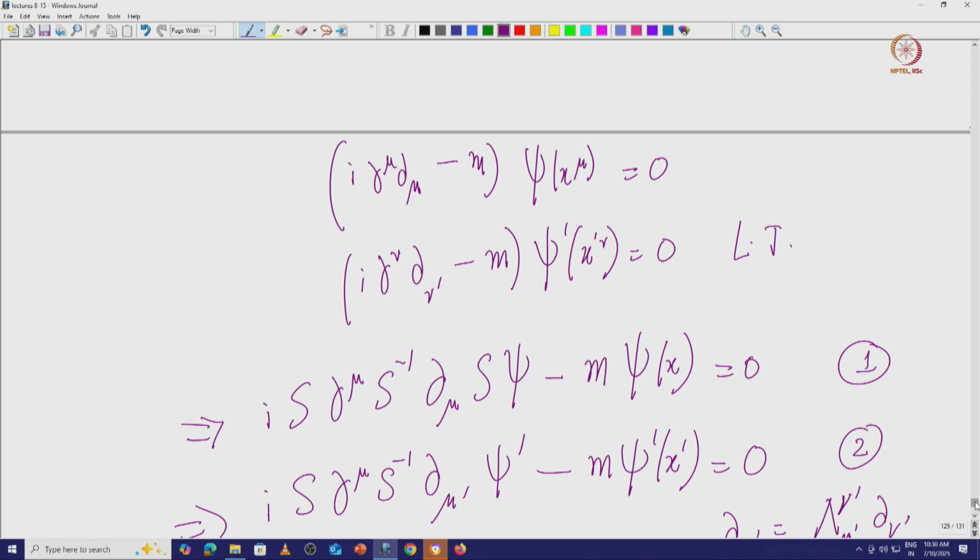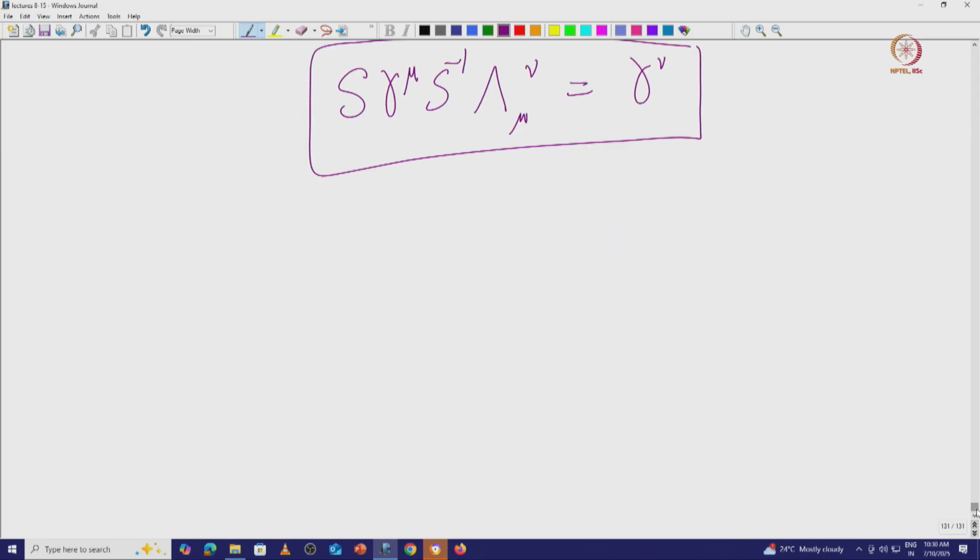Now substituting for the S part, because of the del_mu nu part, mu prime part, unless this condition is satisfied, this will give you a lambda^mu_nu. This lambda^mu_nu is coming from the del and S inverse gamma^mu S, and unless it is equal to gamma^nu, that means under the Lorentz transformation this condition should be satisfied.